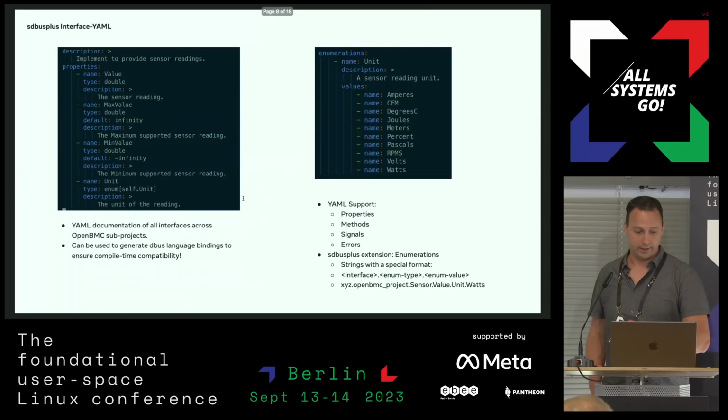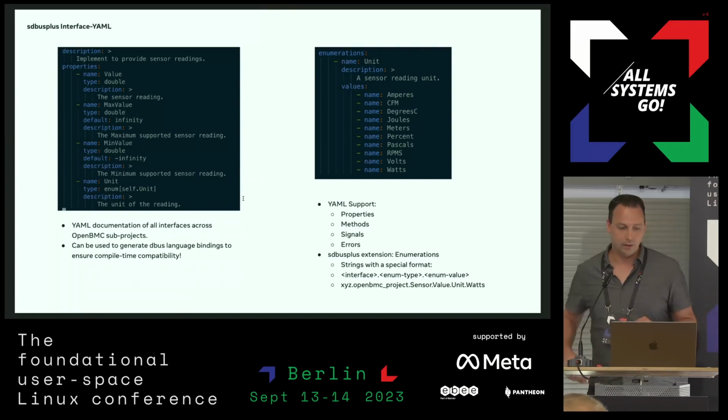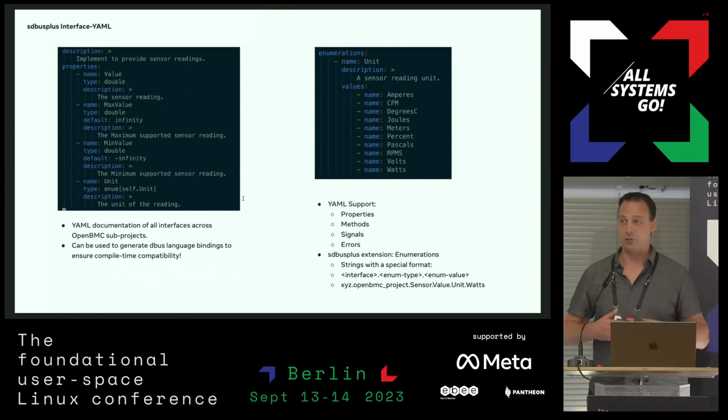So, dbus bindings. One of the things we do, as I mentioned, is we've got about 100 different code repositories, and those need to talk to each other. Ideally, we document those dbus interfaces, and on top of that, the compiler can tell us if we've done it wrong.